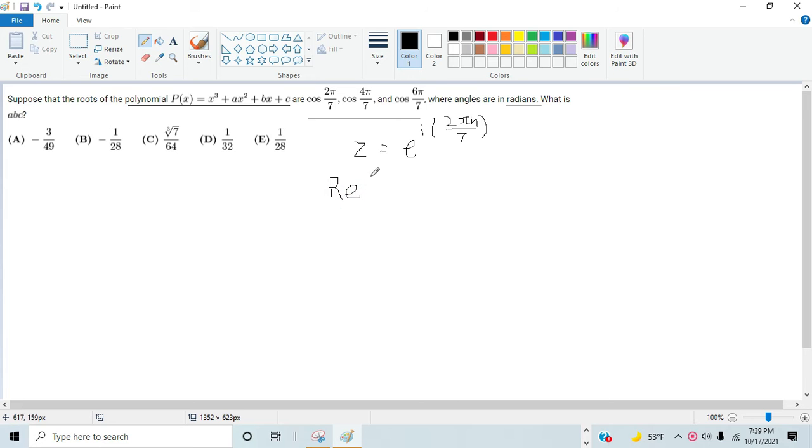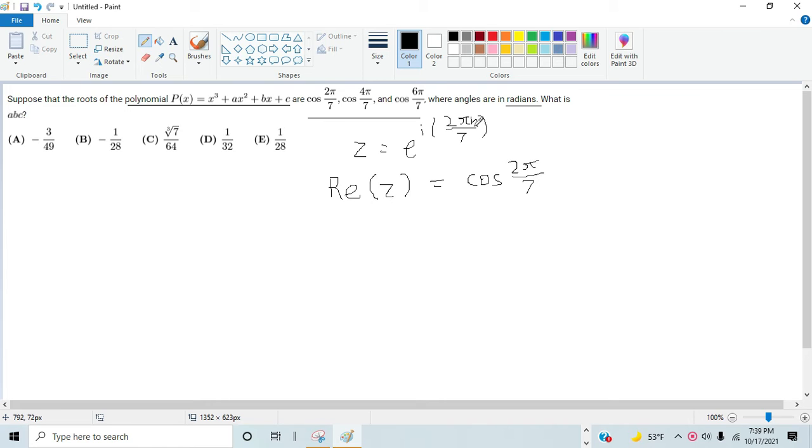So we can write the real part of z is equal to cos of 2 pi by 7.